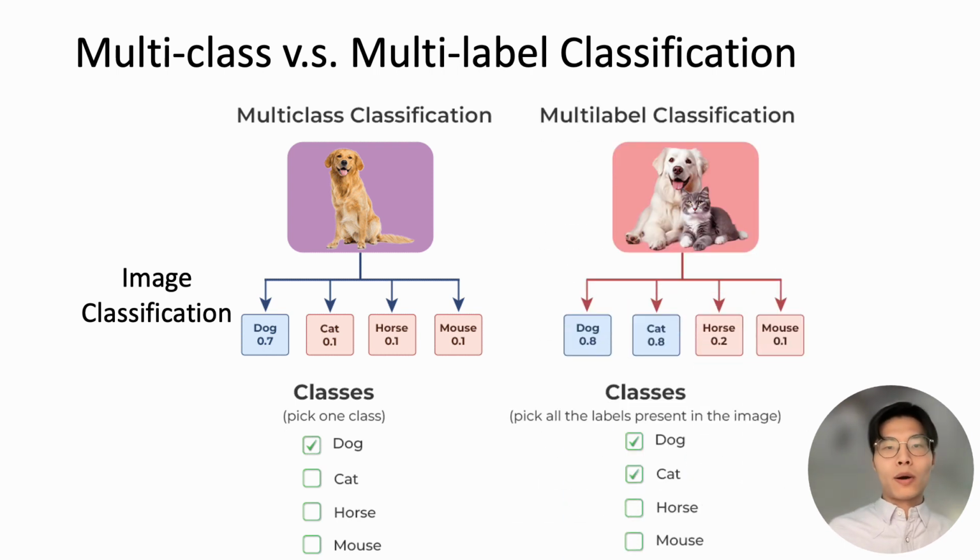However, when there are two animals in the image, like both a dog and a cat, it is hard for multi-class classification to determine whether this should be classified as a dog image or a cat image. When we formulate the problem as multi-label classification, we can easily classify it as both dog and cat images.